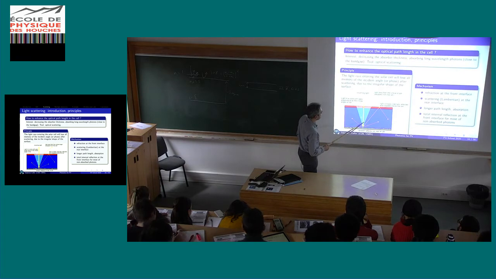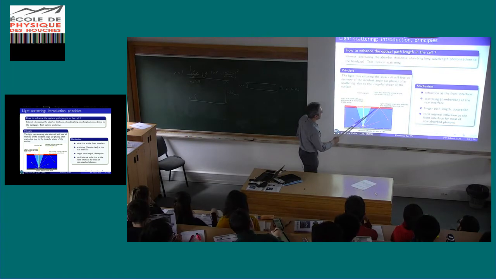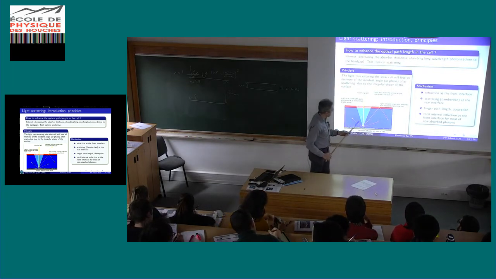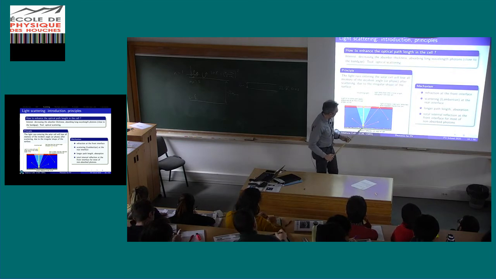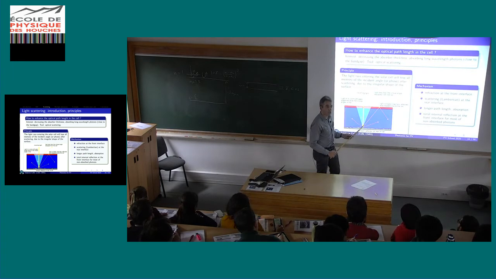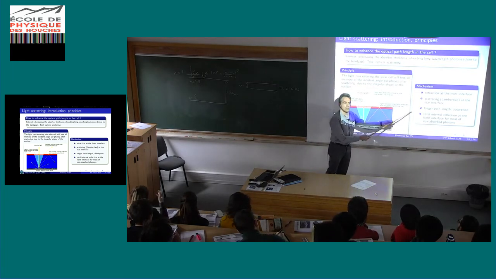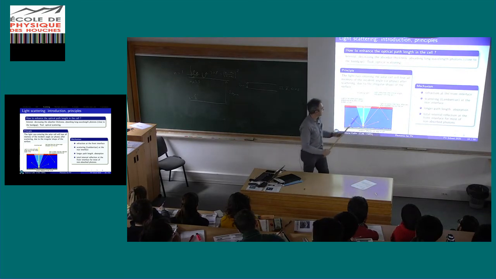So if light is scattered in what is called the escape cone, then it will escape. If it's scattered outside this escape cone, then you will have total internal reflection. So in this case, you will increase the light path because this travel is longer than the one at normal incidence, but also because you have total internal reflection, and so you can make another turn and another path in the cell.